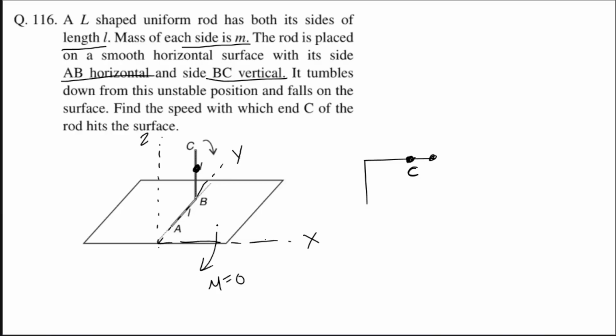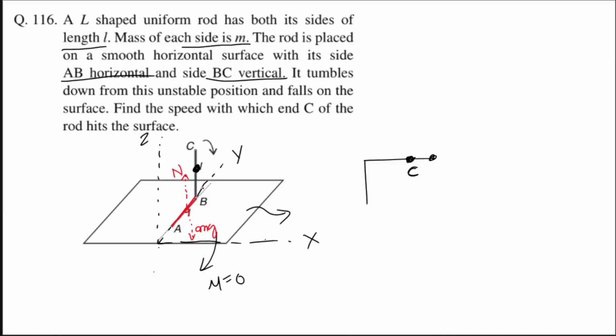First of all, we must realize one thing: this surface is smooth. And if this horizontal surface is smooth, look carefully, on this AB there won't be any force acting. There is gravitational force acting on it, but that will be in the minus z direction, mg, and then there is normal reaction acting here in the plus z direction.